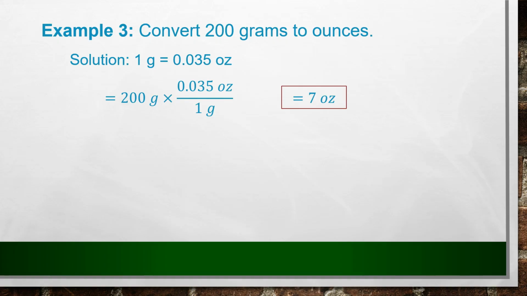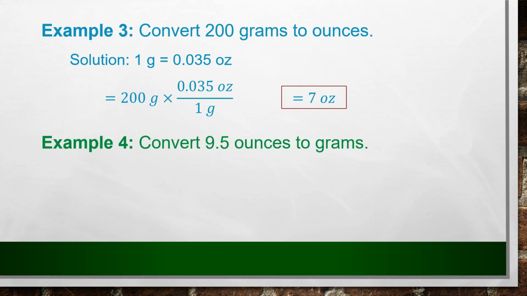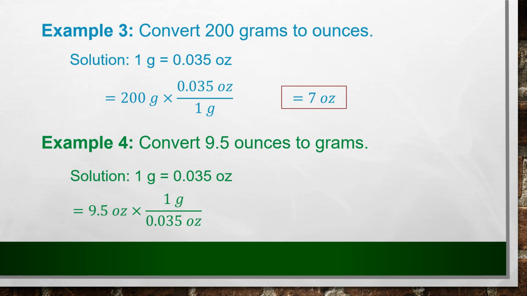Now, what if it's the other way around? We have the ounces, and then we will convert that into grams. Well, we just need to divide the two. So it's 9.5 divided by 0.035. The answer will be 271.43 grams. Okay. So the key thing here is you need to remember the equivalents.